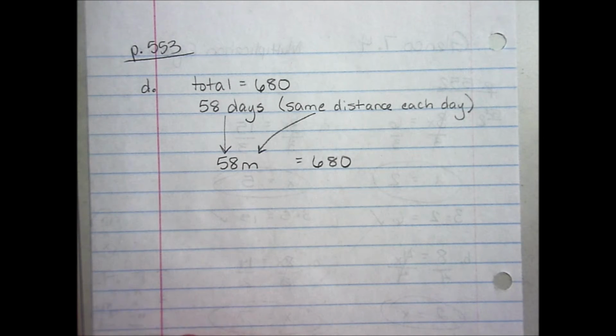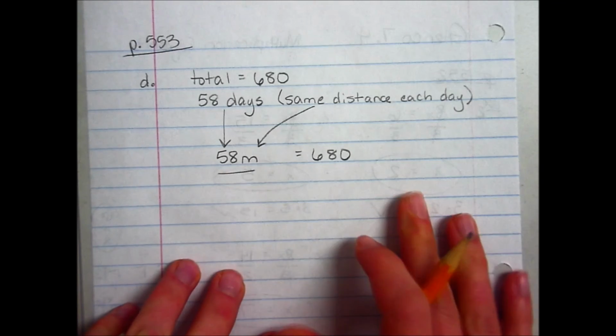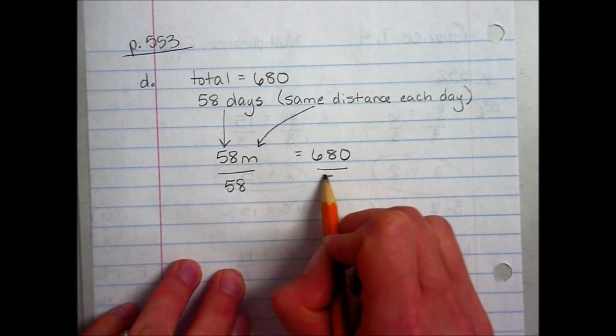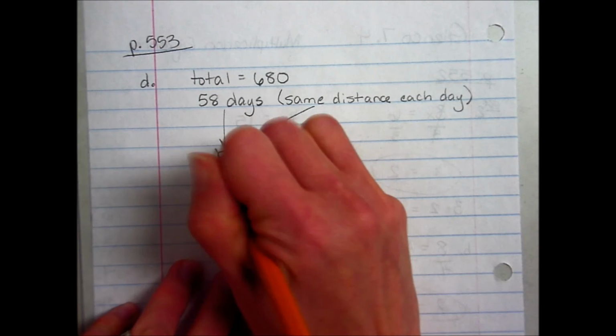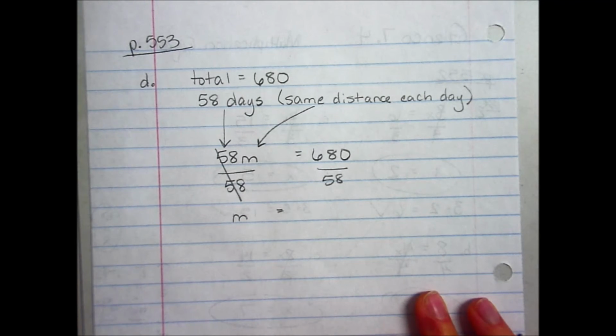So now it's back to the same things we've been practicing. So we'll divide by 58 because that will undo that multiplication. M will equal 680 divided by 58.